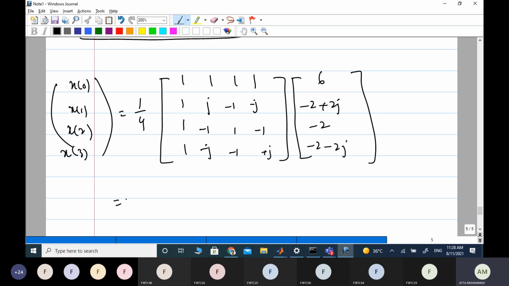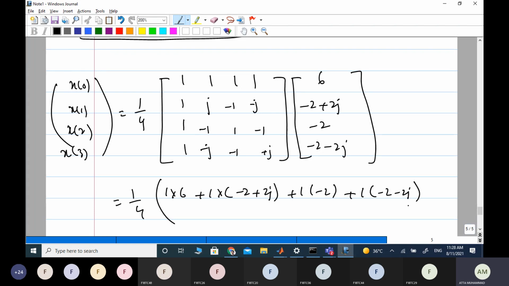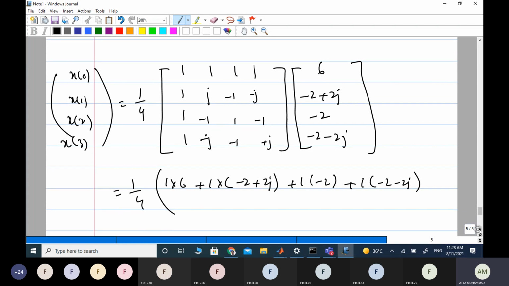Now again let's compute 1 by 4. Let's compute the first one. 1 times 6 plus 1 into minus 2 plus 2j, plus 1 into minus 2, plus 1 into minus 2 minus 2j.